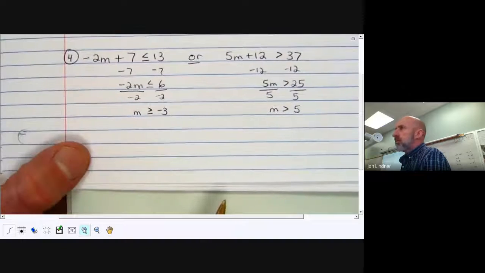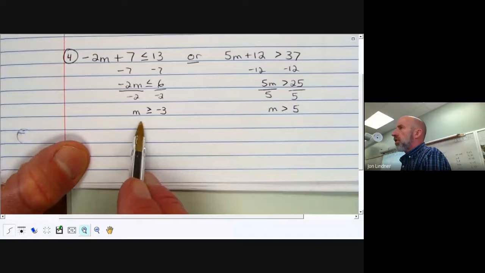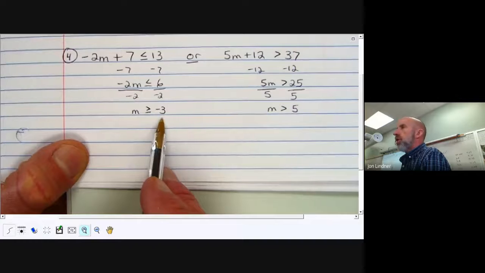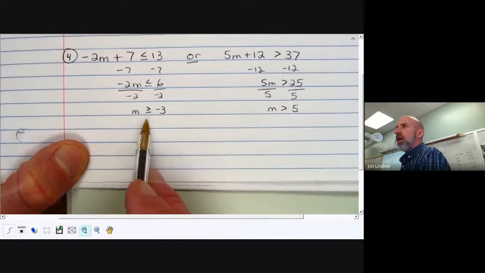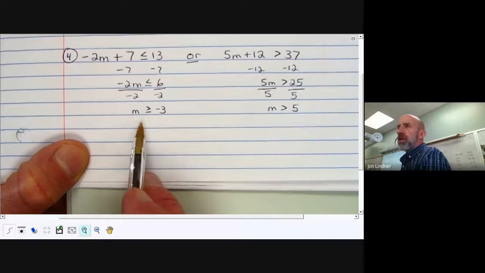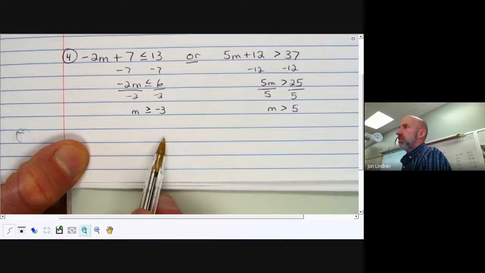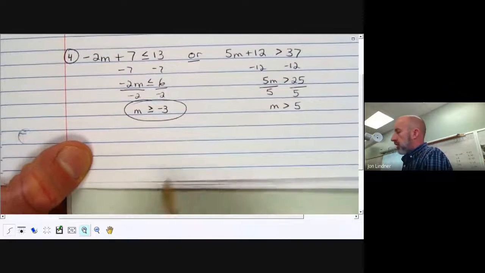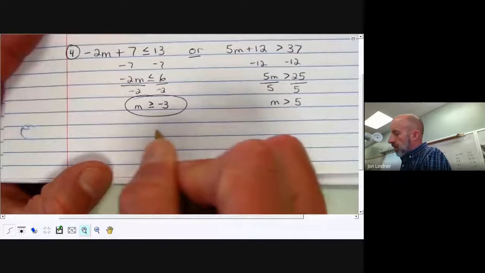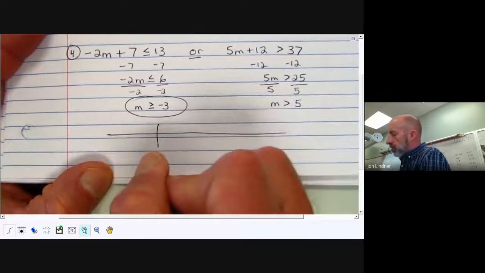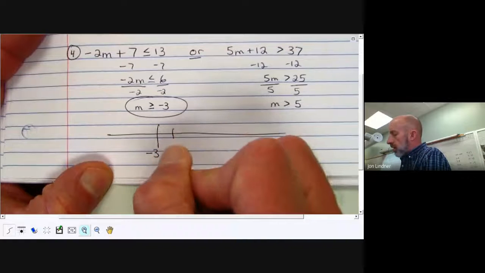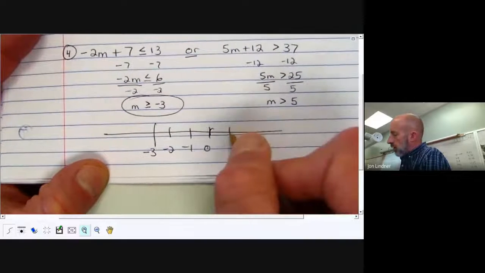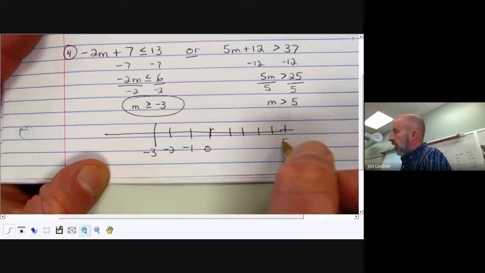Now notice something. Both of the inequalities are saying that m is greater than something. So you have to ask yourself, which one, when I graph it, can take care of both? And the answer is this one. Because if I were to graph just m is greater than 5, I'd miss out on a whole bunch of numbers. Here's -3, -2, -1, 0, 1, 2, 3, 4, 5.